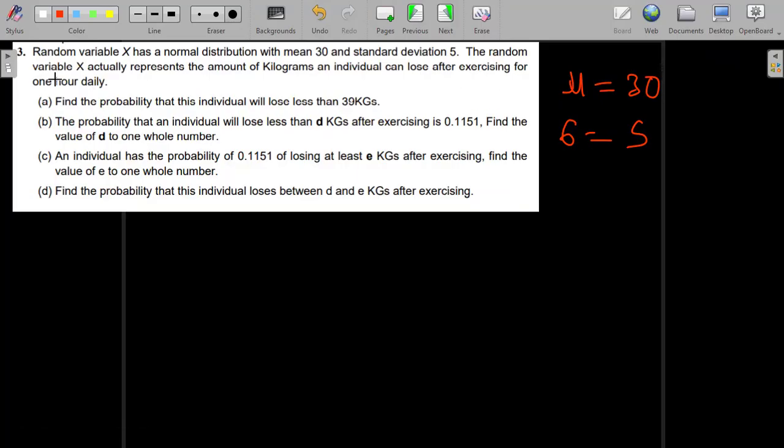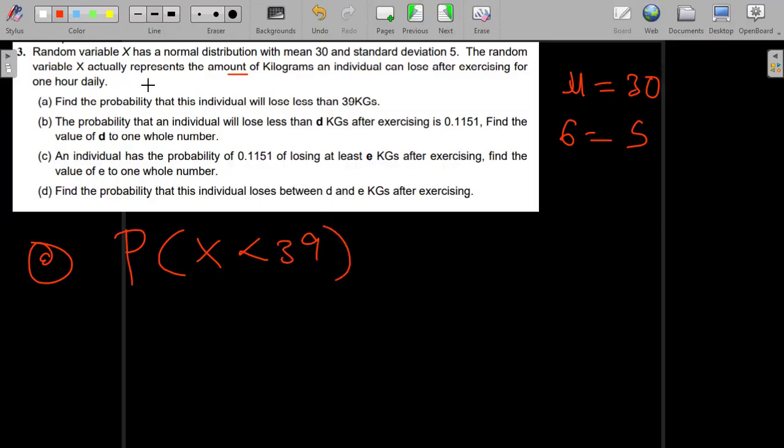The random variable X represents the amount of kilograms an individual can lose after exercising for 1 hour daily. So A, find the probability that this individual will lose less than 39 kgs. This is the probability that X is less than 39.